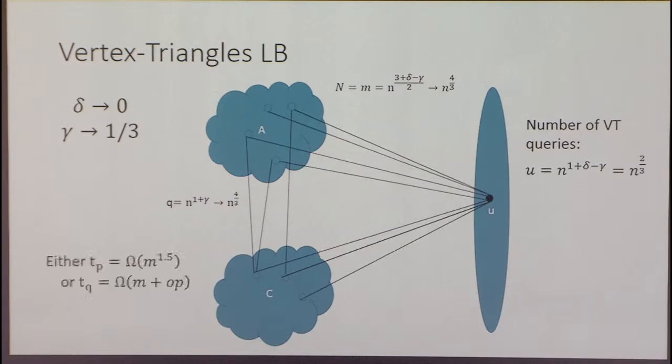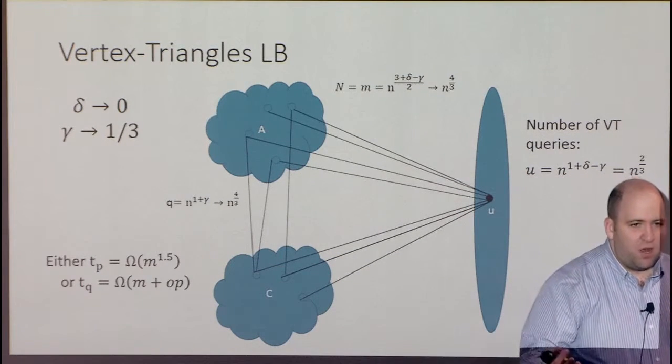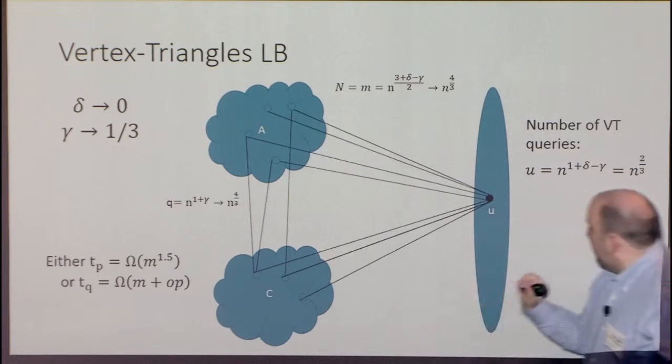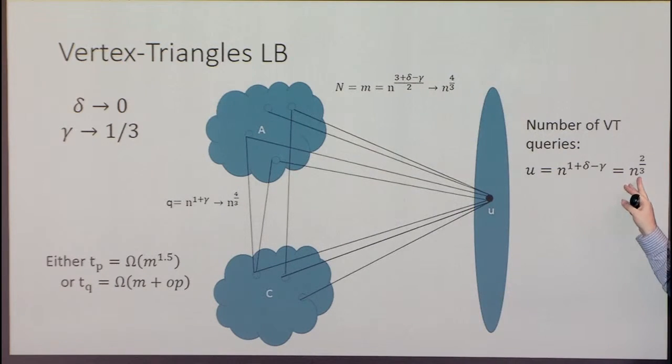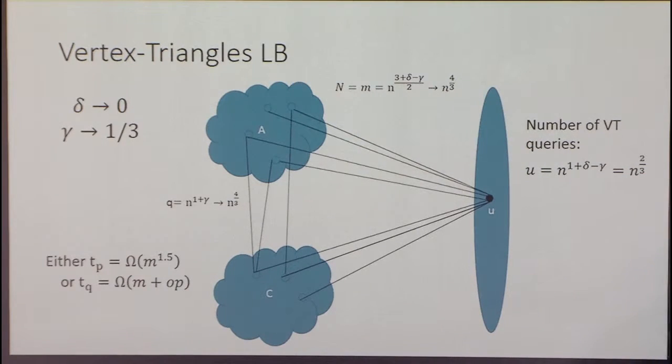This means that either the pre-processing time has to be the time it takes to enumerate all triangles anyway, just enumerate all triangles and prepare all the answers in advance, or the query time has to be, well, this is the number of queries, so each one of these queries has to spend n to the 4/3 time, which is exactly the number of edges. Which basically means that a query will cost linear time. That's also trivial.